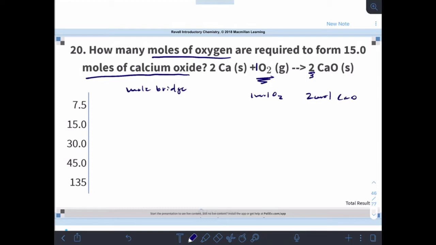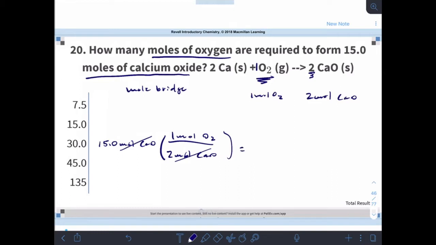Now we're going to start with our given information, which is 15 moles of calcium oxide. I'm going to write a ratio that has calcium oxide on the bottom: 2 moles of calcium oxide for every 1 mole of O2. Our moles of calcium oxide will cancel out, leaving us with an answer in moles of O2.